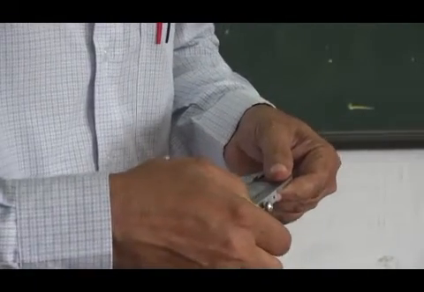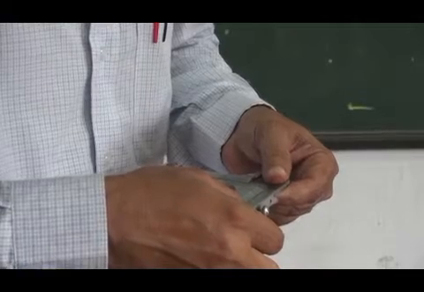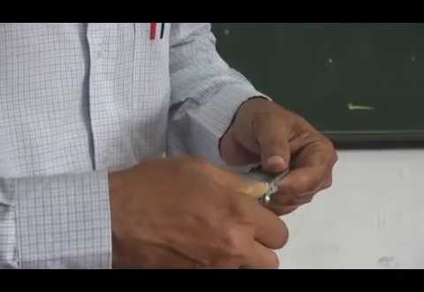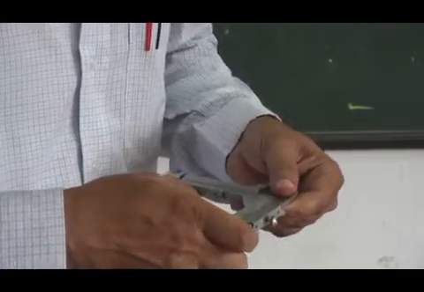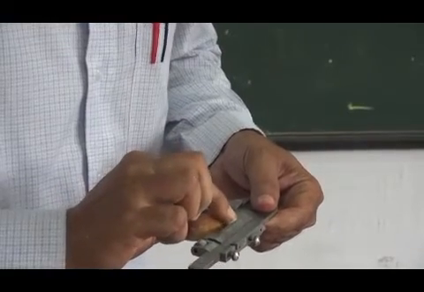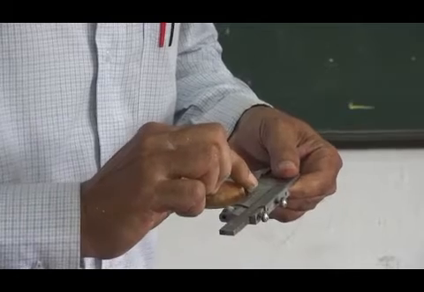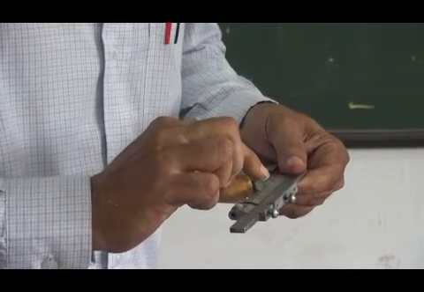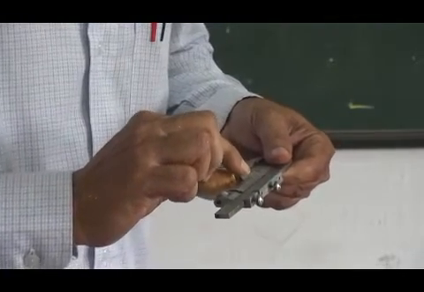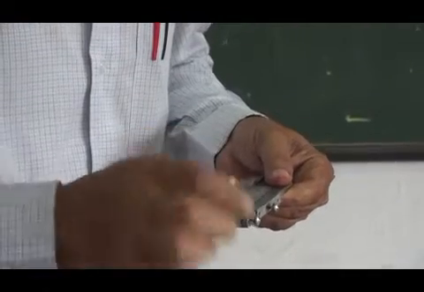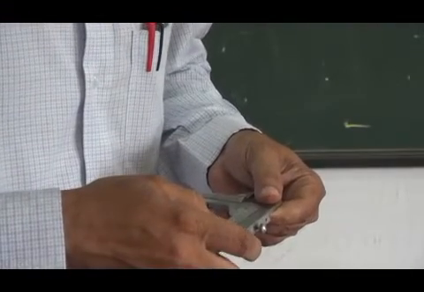First we lock this lock nut and use the fine adjustment. Counting 5, 10, 15, 20, 25, 30, that is the 31st division.